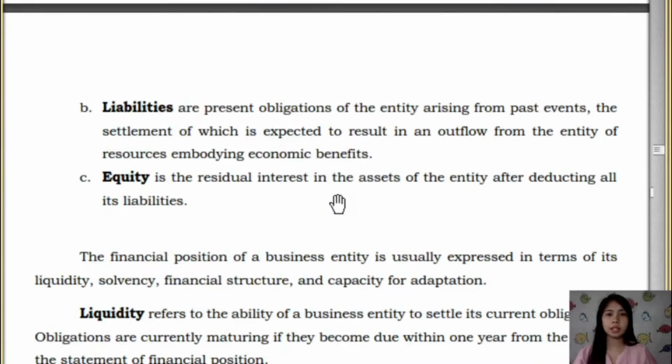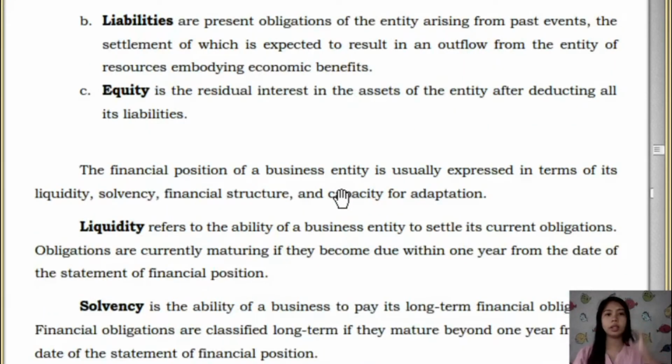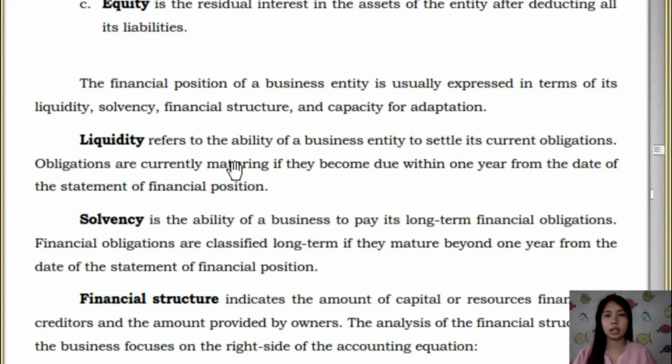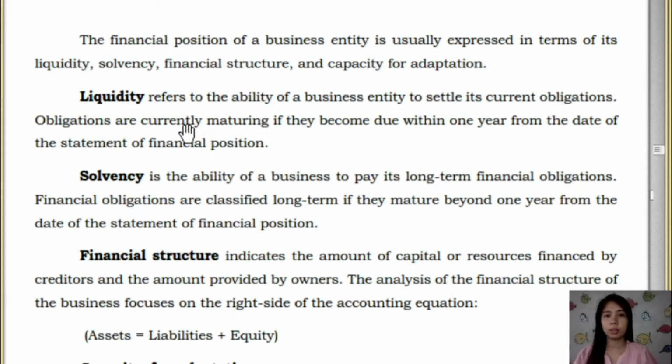Aside from asset, liabilities, and equity, we have the financial ratios: liquidity, solvency. Liquidity ratio, which we're going to discuss in the following modules. So, let's just define these two terms quickly in this module.